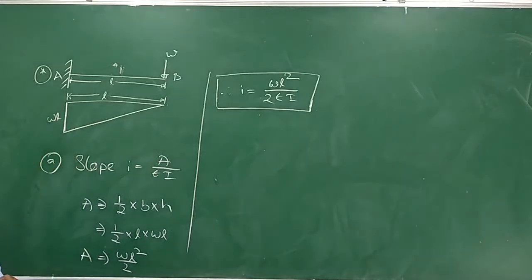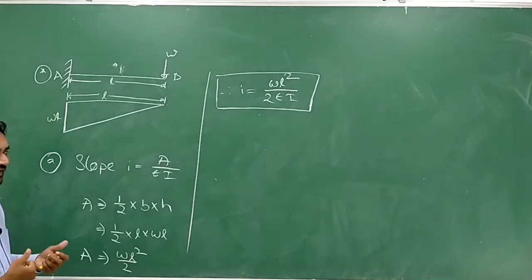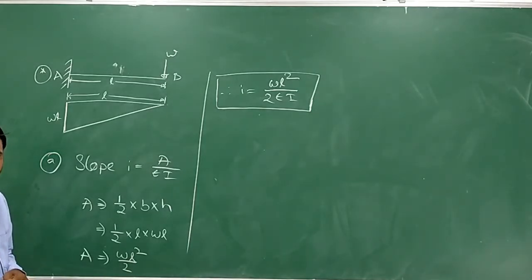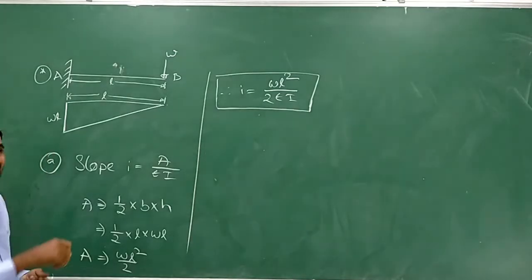Similarly, you have to calculate deflection. What is deflection? Deflection equals A X bar by EI. Before going to that, we have to find out X bar also.